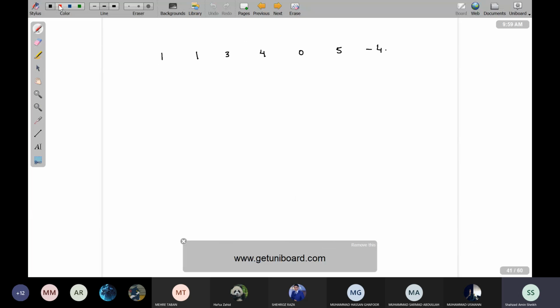And what is the result of my circular convolution, or what I have obtained here? क्या result आ रहा है मेरा?